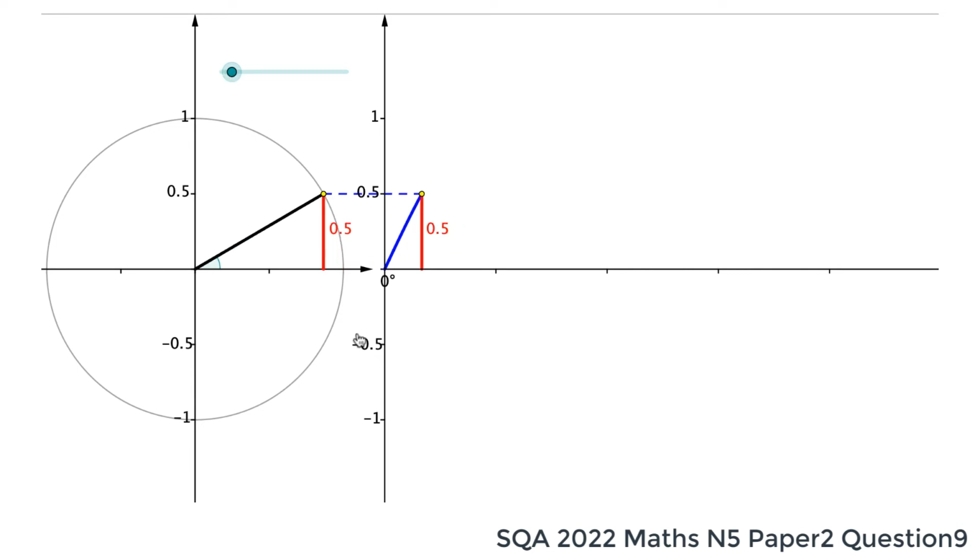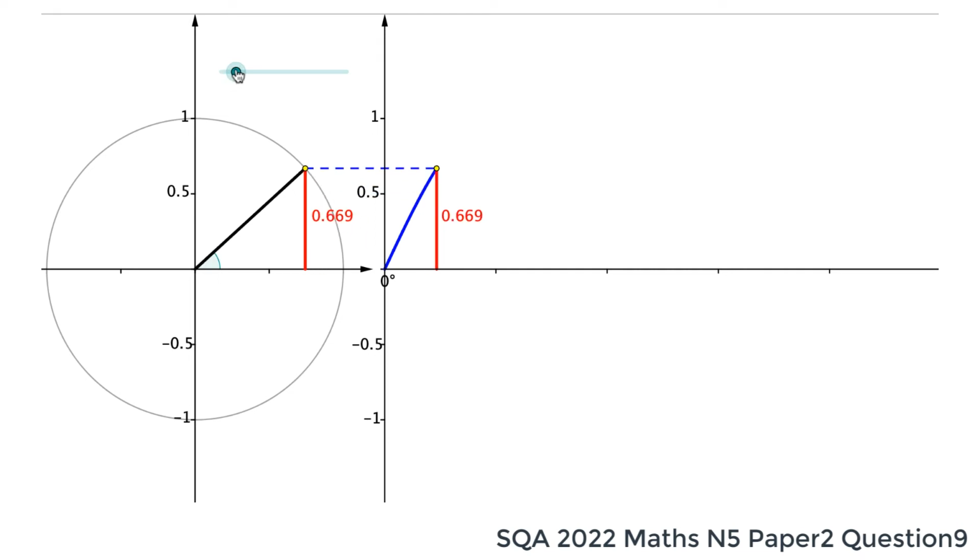Now we've highlighted the height that this end point has, and at present it's 0.5, and this angle is 30 degrees. Now in the normal sine graph, you read off 30 degrees, you go to the height of the graph, and you get the value of the sine of 30, which is 0.5. So in this quadrant diagram, the height of this rotating line, the height of the end of it, will read off the sine value.